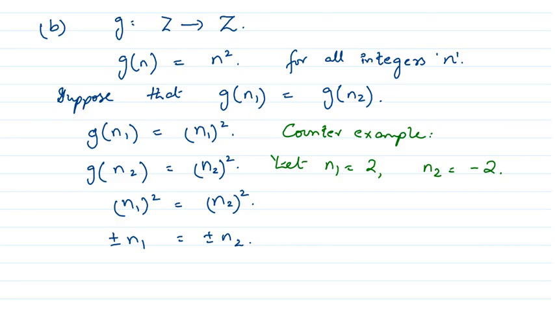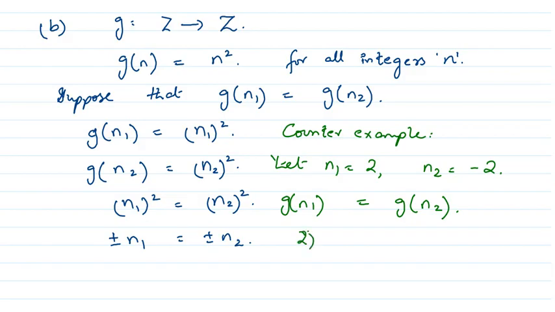With the claim that g of n1 equals g of n2, that is going to hold only under the condition that n1 equals n2. Let's see whether this is true or not. g of n1 equals g of n2, with n1 being 2 squared and n2 being minus 2, taking the square of it.